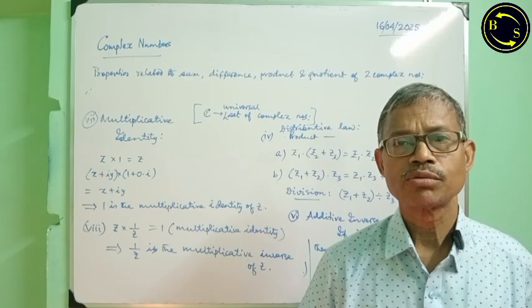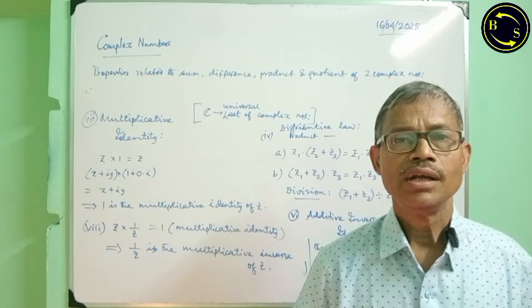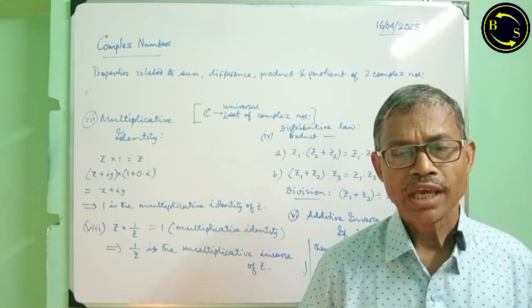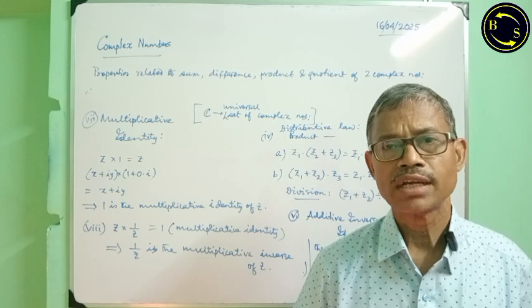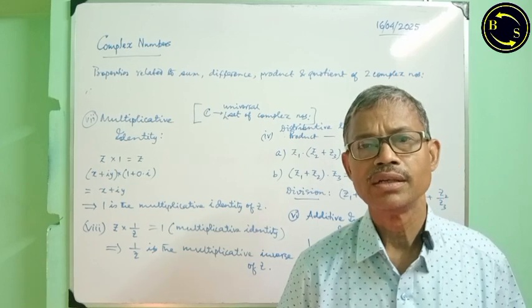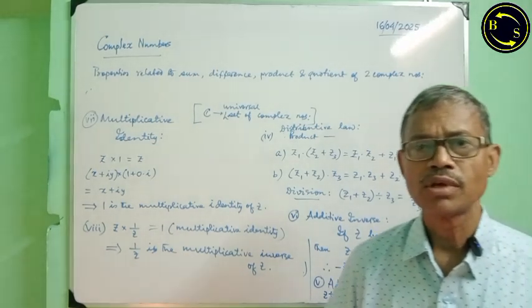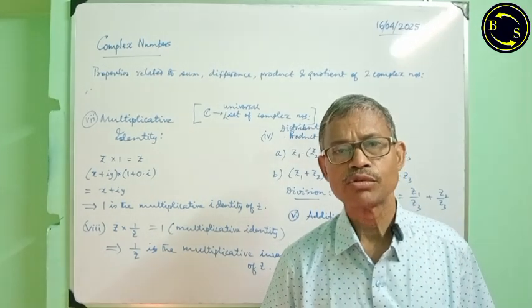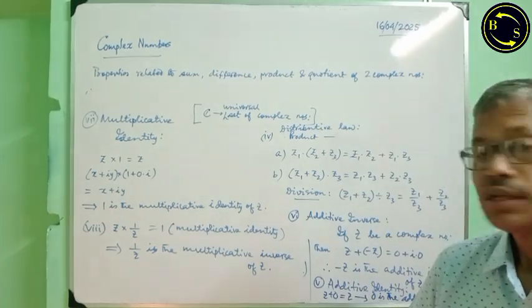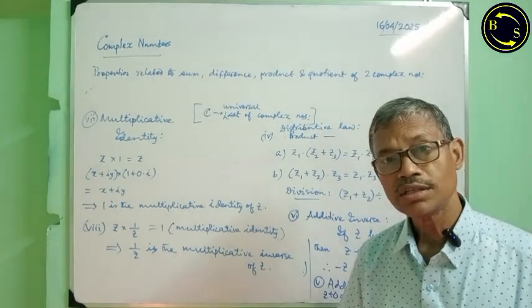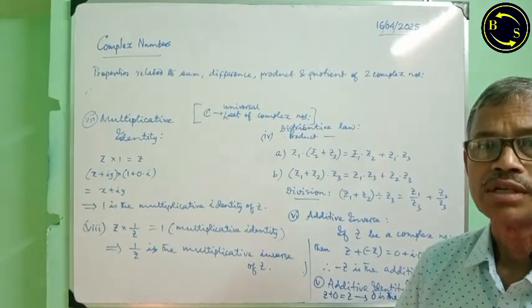A minus b whole square is equal to a square minus 2ab plus b square. AB is equal to a plus b by 2 whole square minus within brackets a minus b by 2 whole square. Then 2 into a square plus b square is equal to a plus b whole square plus a minus b whole square, etc.